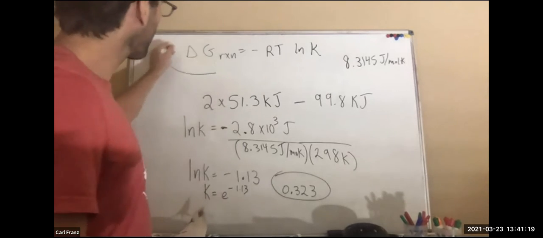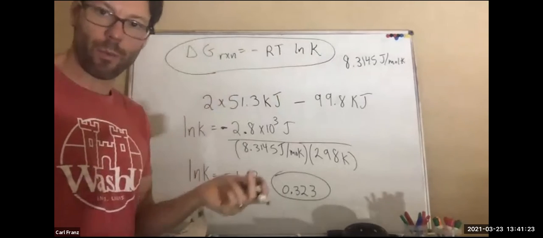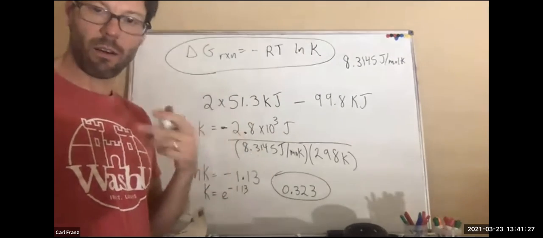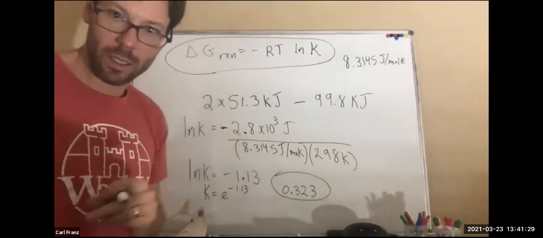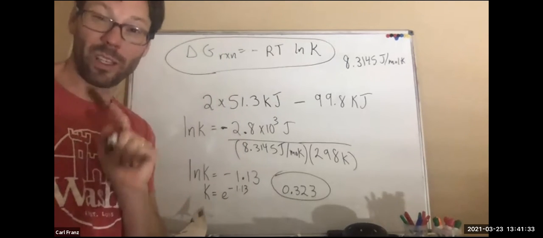Now, do you need to memorize this equation? No. You need to remember that Kp is equal to Kc RT to the delta n? No. You just need to know when to use them.